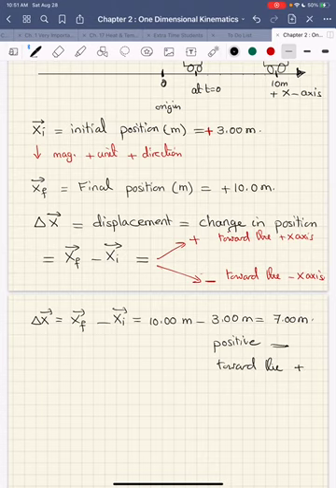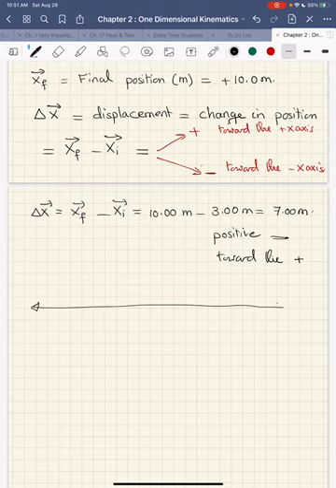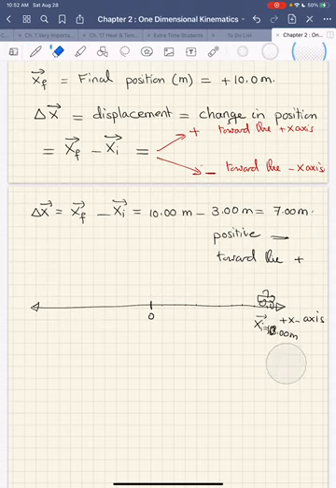What about if I have the opposite? This is my positive x-axis, and my car initially was at 10: 1, 2, 3, 4, 5, 6, 7, 8, 9, 10. Then my car was here, at 3 meters. Let's erase that.